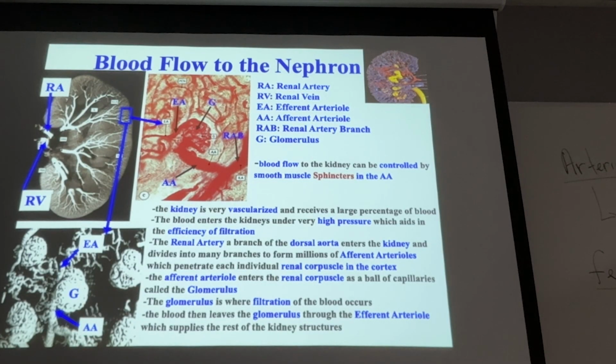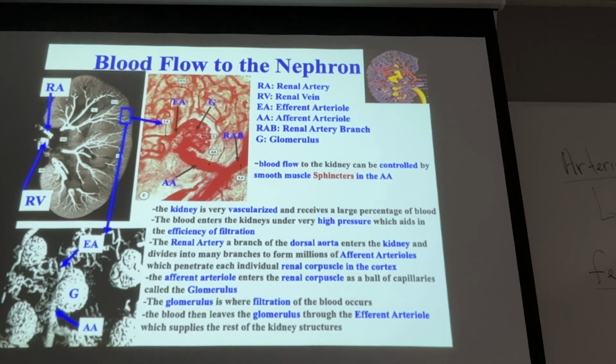You can close those blood vessels down a little bit and slow blood flow because it's too fast. Or if blood flow drops, like when you go to bed, or you lay down, or you're meditating, and your perfusion rate drops, then you can open them up. So you can tweak blood flow just using smooth muscle sphincters.